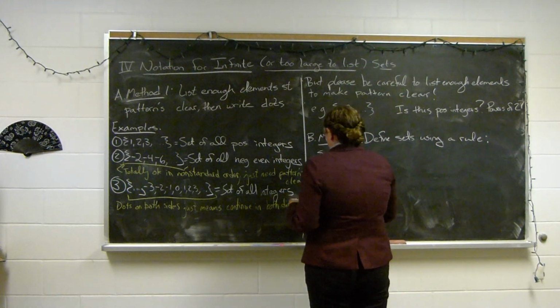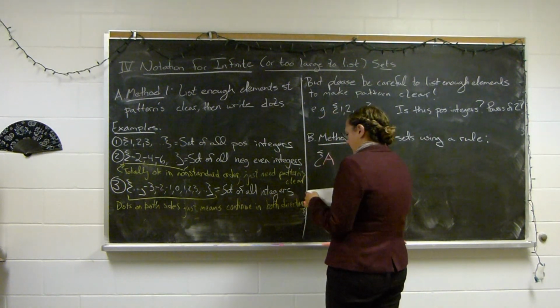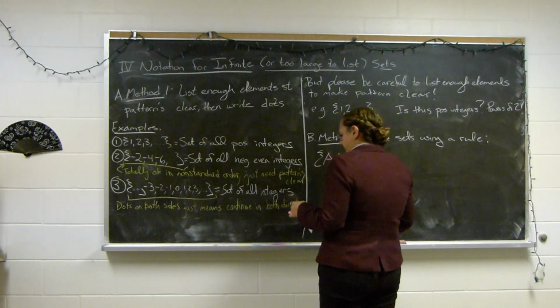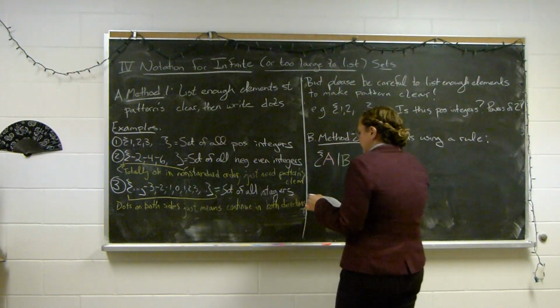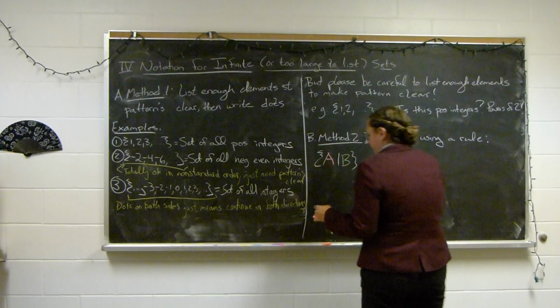I'm going to color code this, so I'm going to put an A over here, so we have A, and then we have B. Okay, so what does this mean?